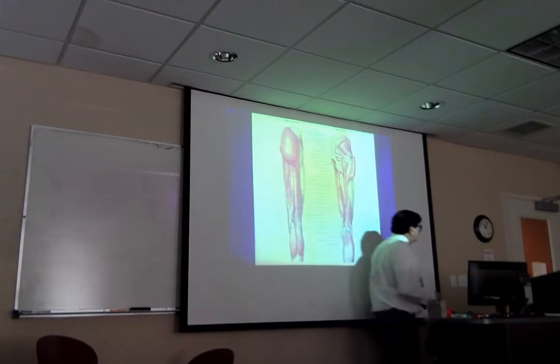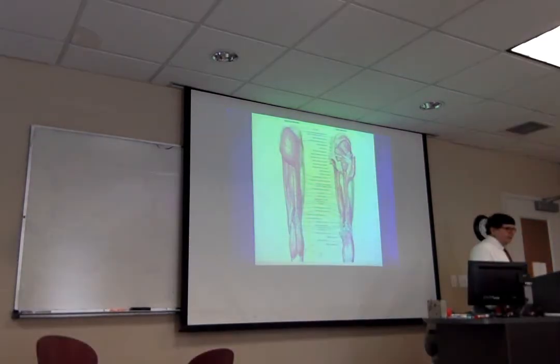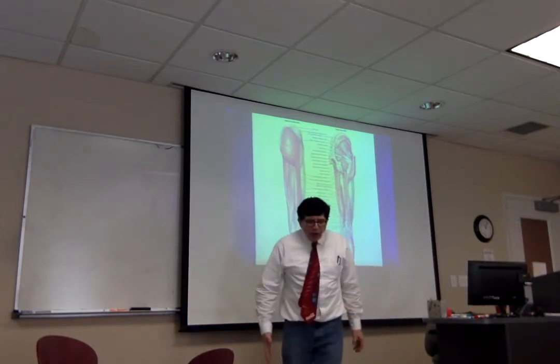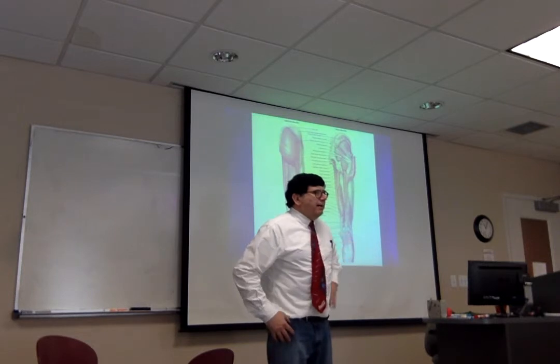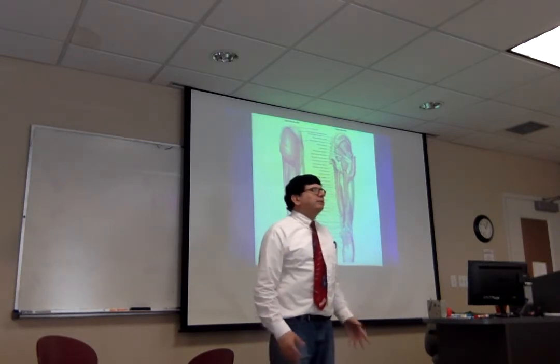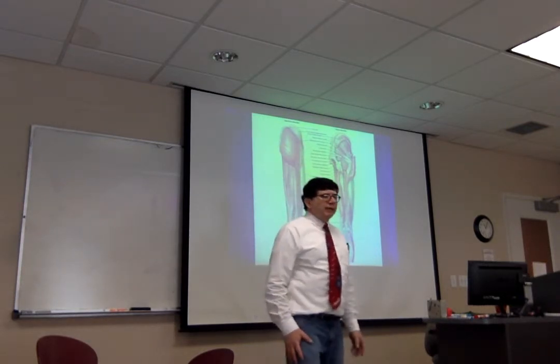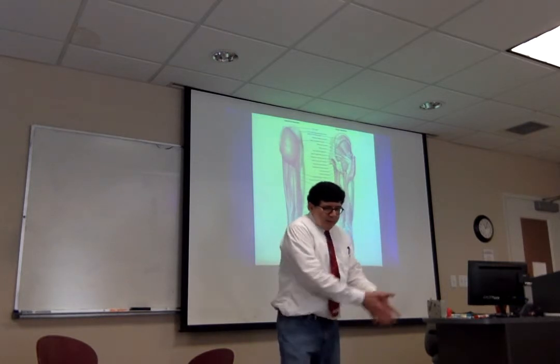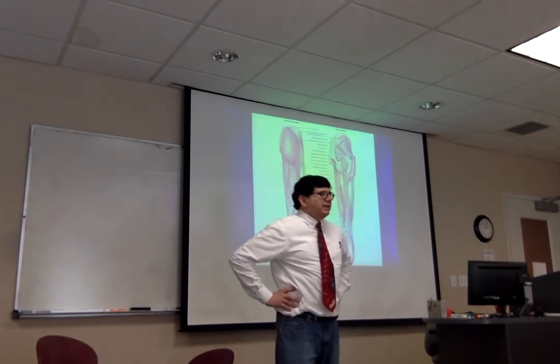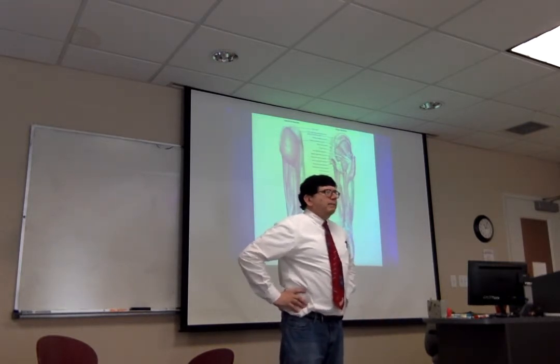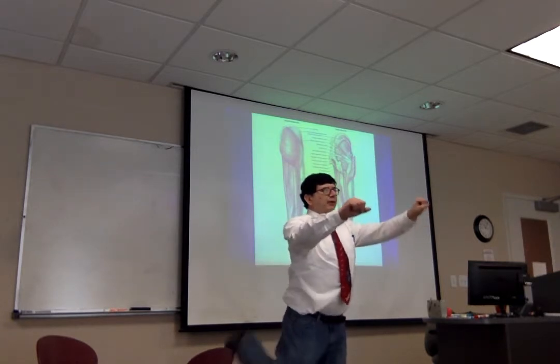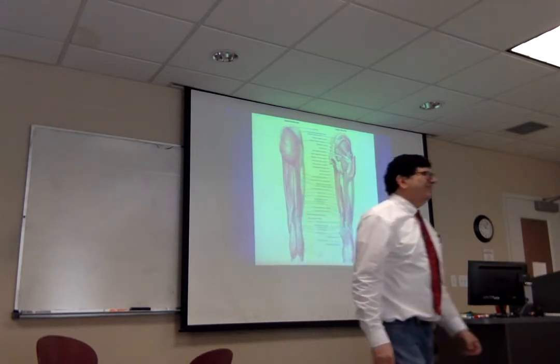Wait, so is it left, right, and then? Oh, it doesn't matter. It depends on the leg. If we're doing the right leg, then this would be the medial side. Semi-memi, semi-tendy, biceps femoris, like that.